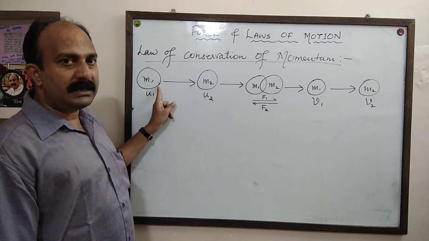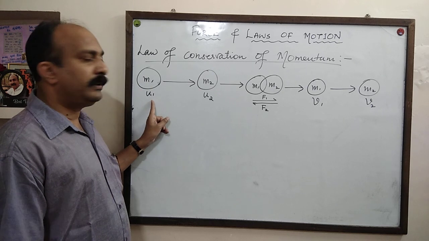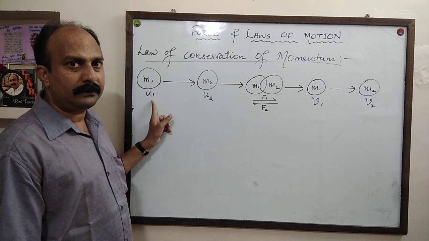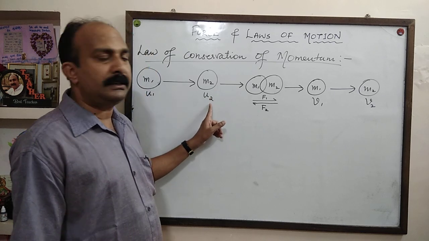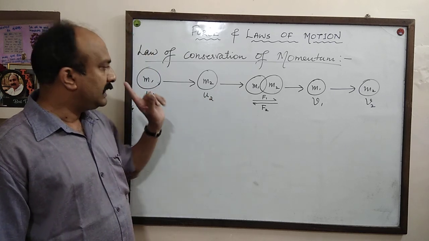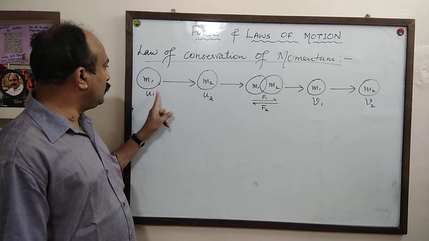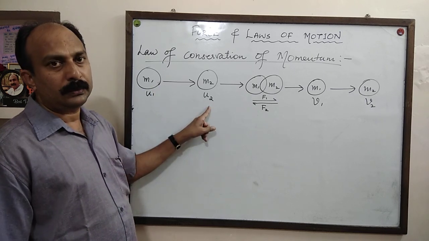Let a body of mass m1 be moving with an initial velocity u1. Let another body of mass m2 be moving with initial velocity u2. Let u1 be greater than u2.